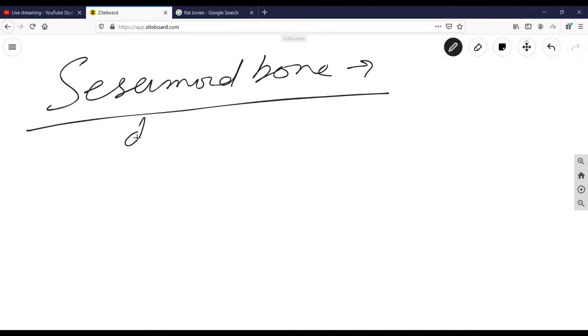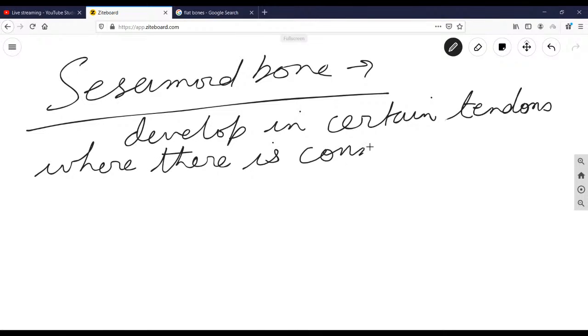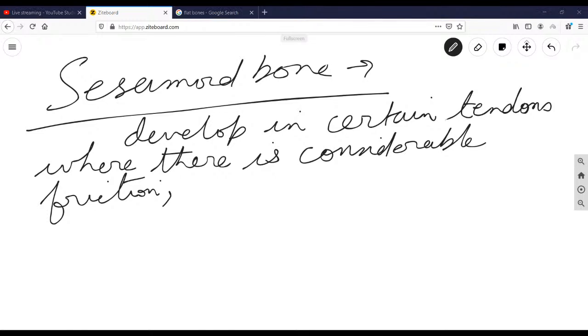They develop in certain tendons only, not all tendons. Certain tendons where there is considerable friction, tension and physical stress, such as the palms and soles.